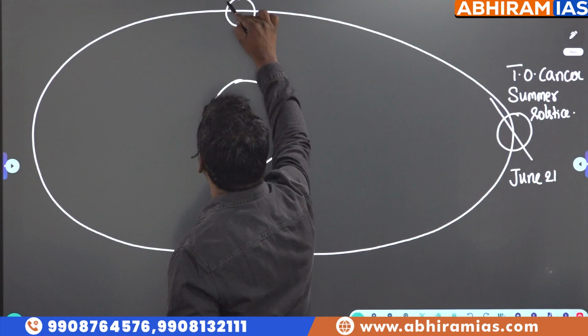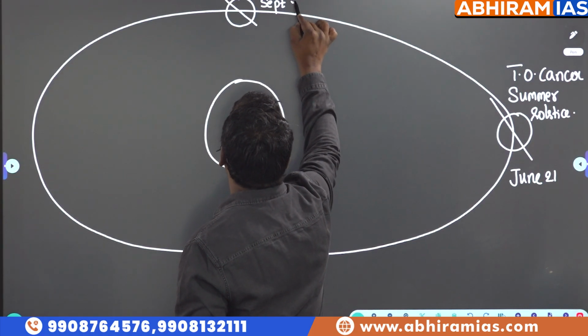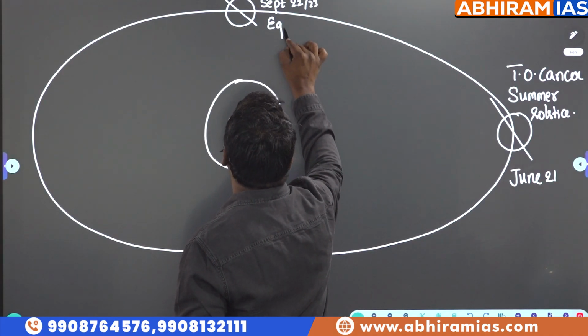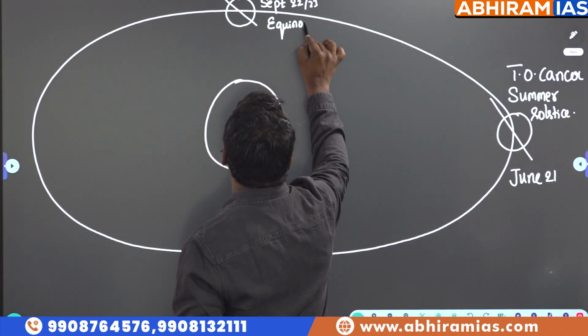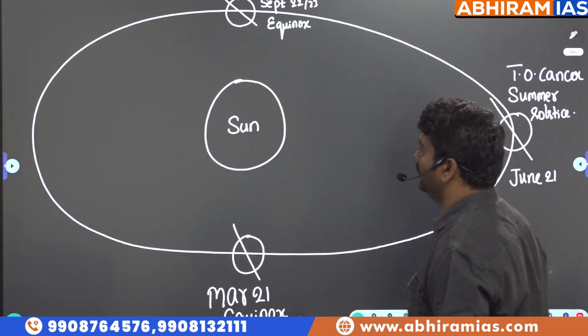What would be the situation here? September 22nd or 23rd? What do you have? Equinox. Again.